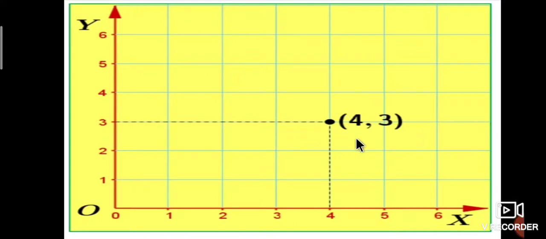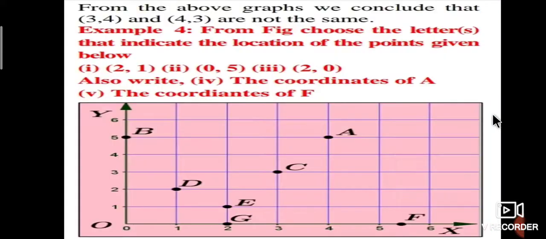Therefore 4, 3. Observe that 4, 3. From the above graph, we conclude that 3 comma 4 and 4 comma 3 are not the same.